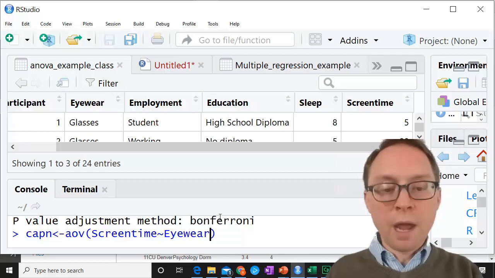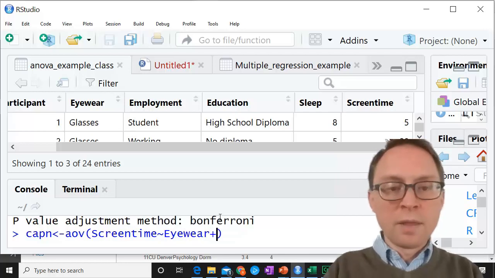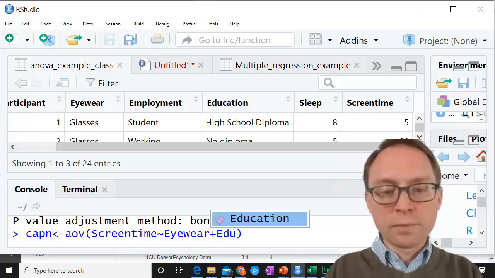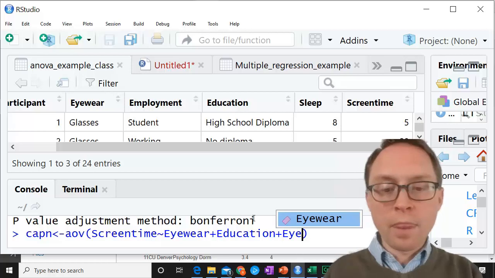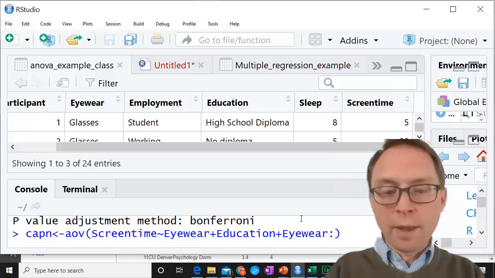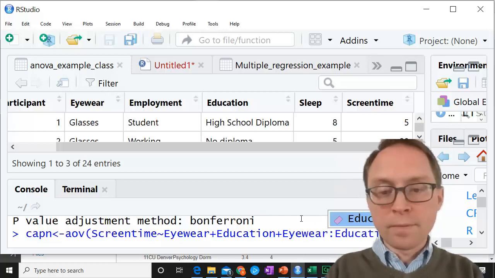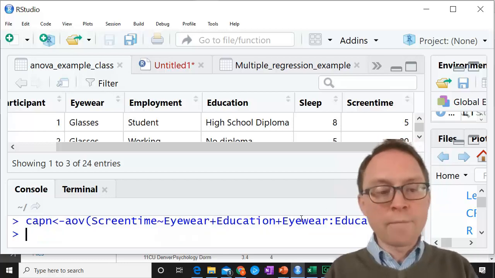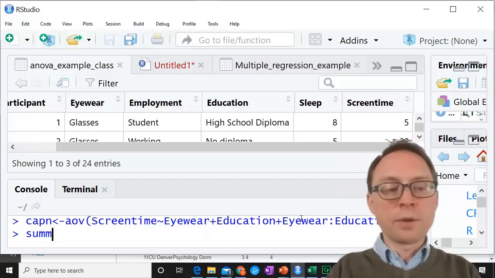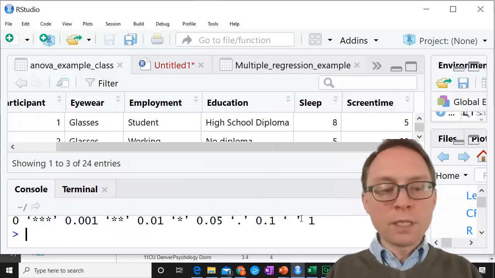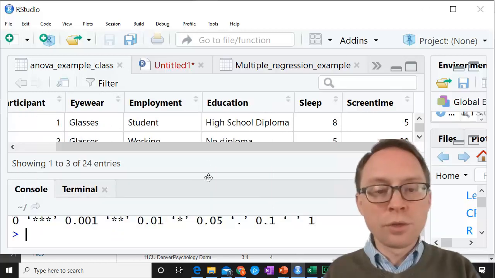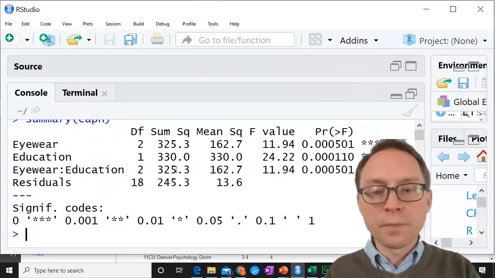This is the main effect for eyewear plus the main effect for education plus the interaction of eyewear by education. And when you do that, you get nothing. So we got the summary of Cap'n. And when I do this, this is what I get. Let's show you the results so you can see it.